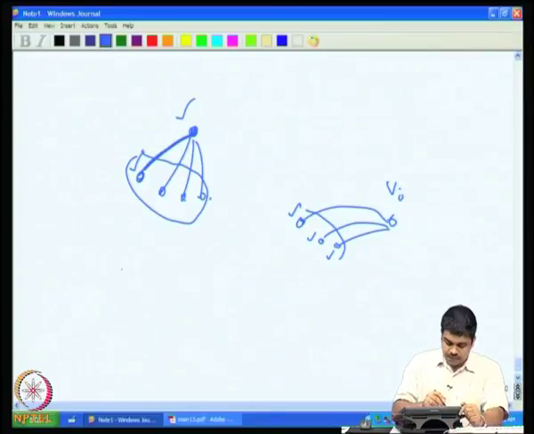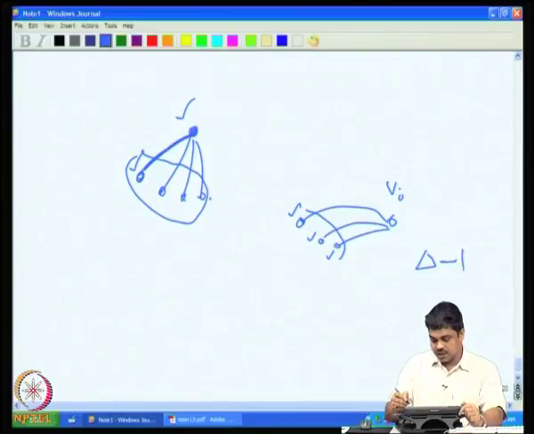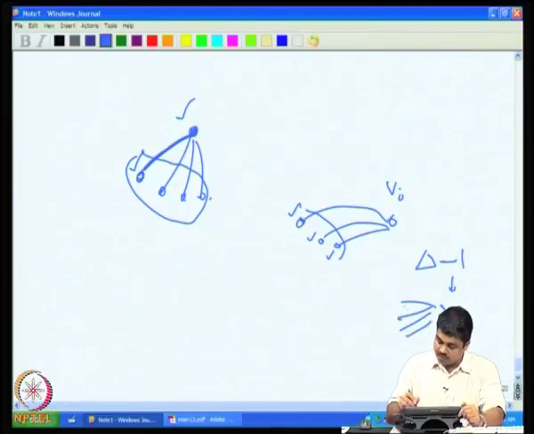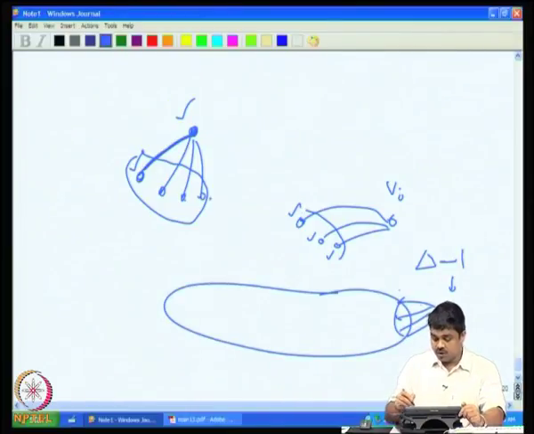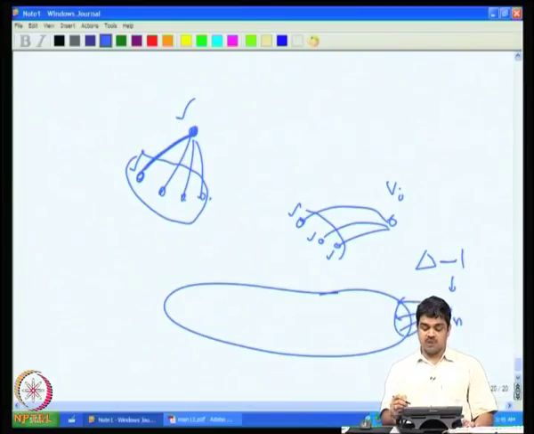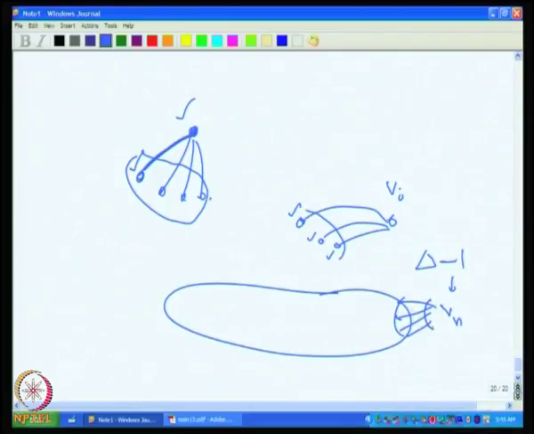So, for instance, if there was a vertex of degree delta minus 1 in the graph, I can always keep that vertex as the nth vertex, because anyway it is going to see only delta minus 1 neighbors in its neighborhood, right. Therefore, its neighbors with lower number will be at most delta minus 1. Now, once you remove this vertex, there will be at least one vertex touching it, so its degree will reduce.